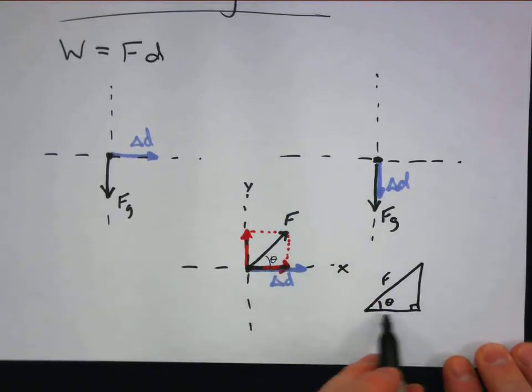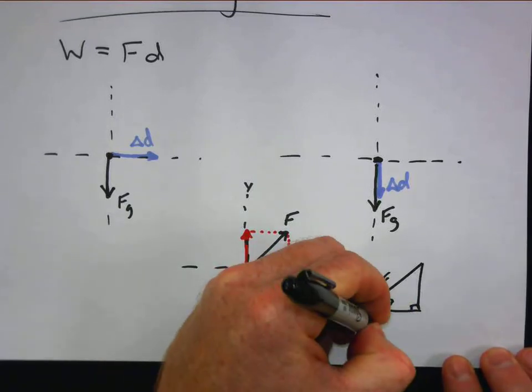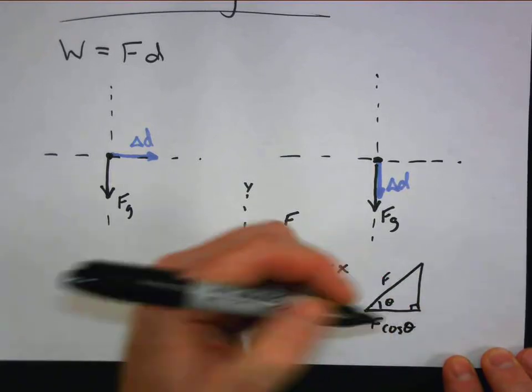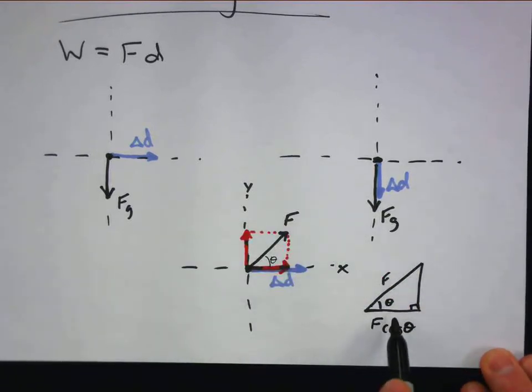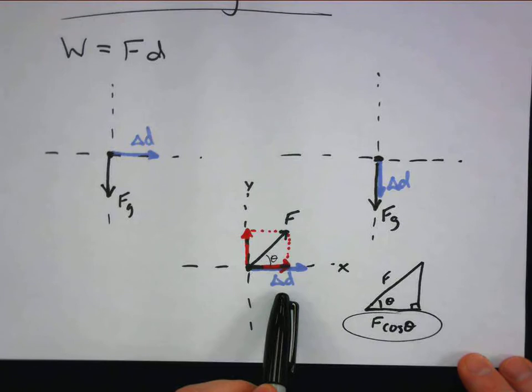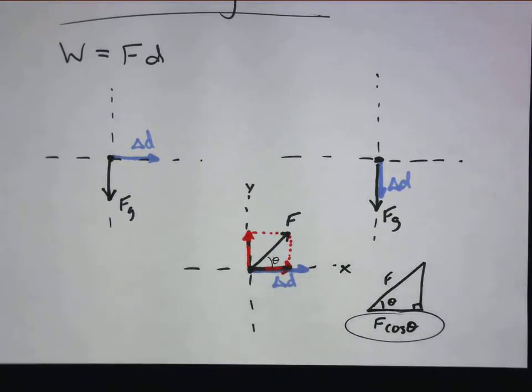It's that component that we're concerned with. That's the side that is adjacent to our angle. So this is going to be hypotenuse times cosine of theta. This is the business that's doing the work. And so if we know this, and we also know how far the object moves, then we could use this to calculate the work, right?